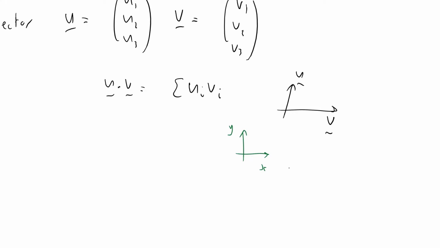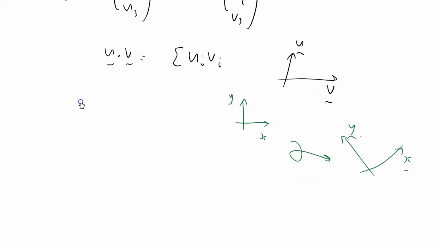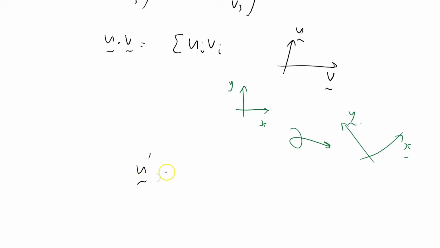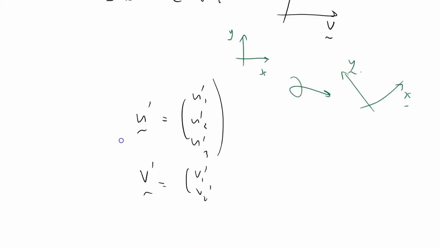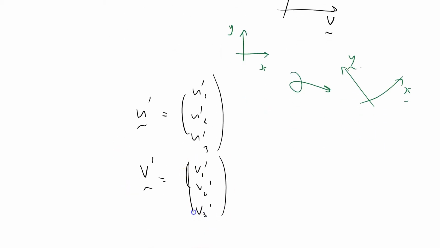And then somebody comes along and says, I don't want you to use those coordinates. I want you to use some tilted coordinate system here, x dash and y dash, in which the coordinates of u, the vector, and v, the vector, are going to be different. So now we've got u dash, which is u dash 1, u dash 2, u dash 3, and of course v dash equals v1 dash, v2 dash, v3 dash.